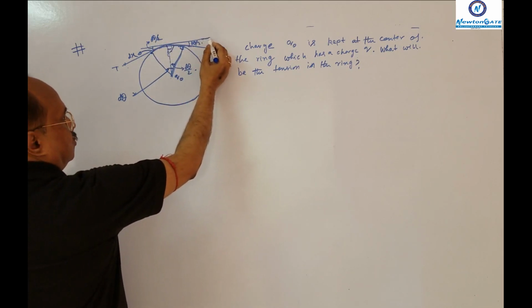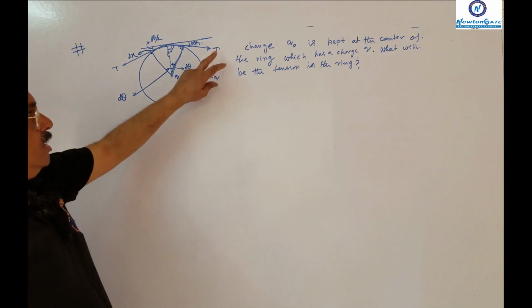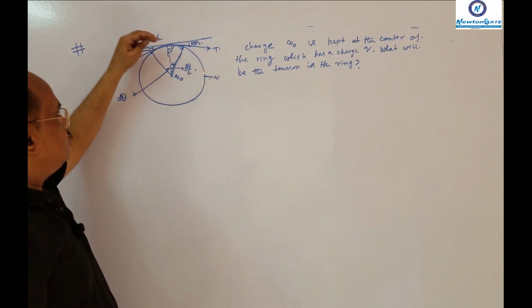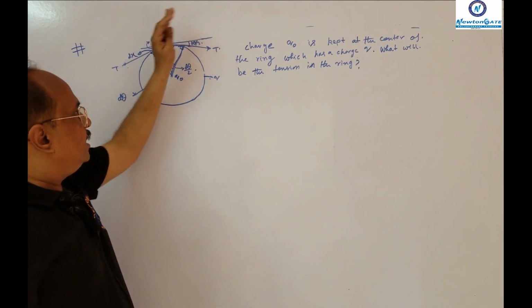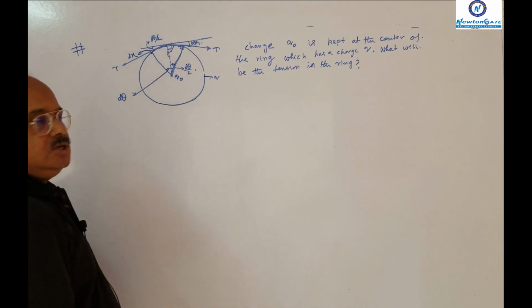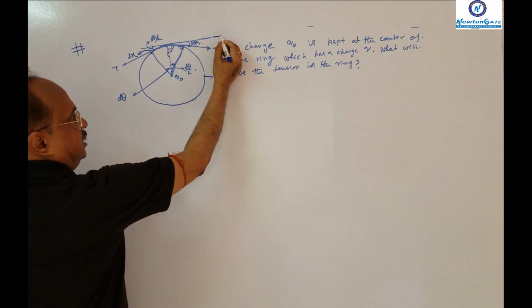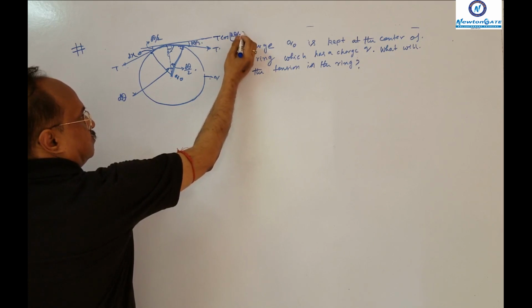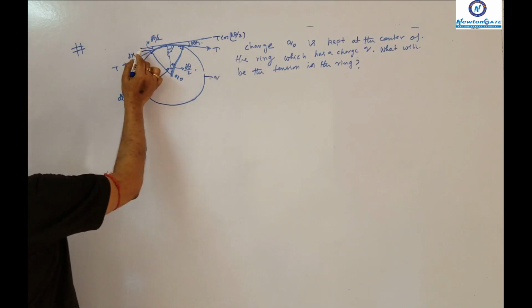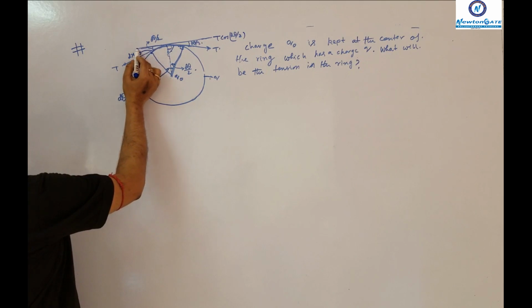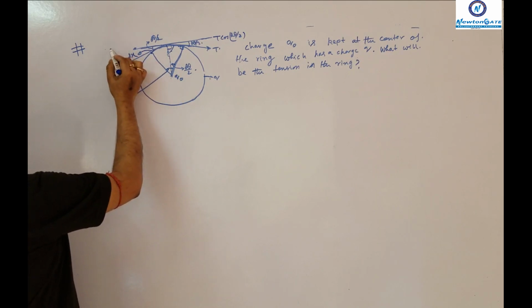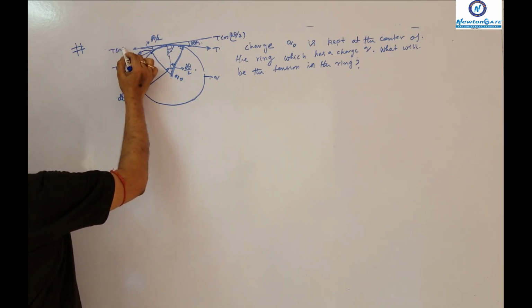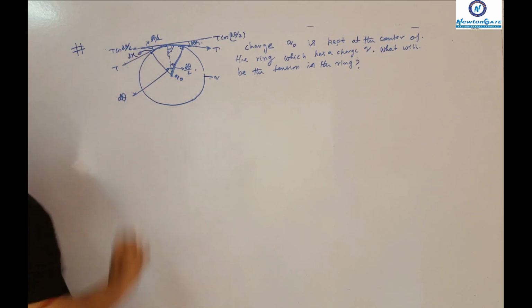So this tension can have two components, one along this direction and another along this direction. Along this direction it will be T cos d theta by 2, and toward the other direction it will be T cos d theta by 2.